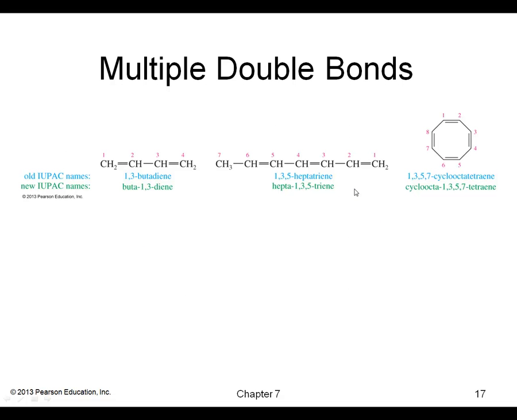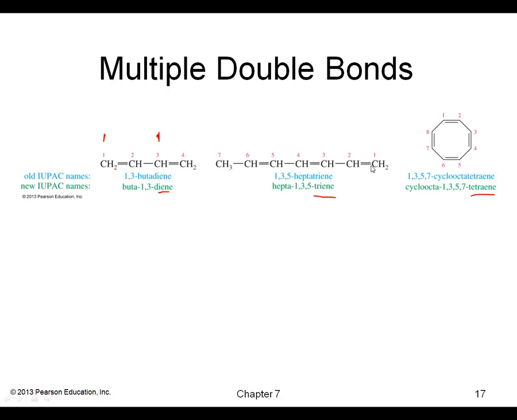What happens if I have more than 1 double bond in the ring? Well, now my ending changes to diene or triene, or for 4 of them, tetraene. And now I must number where these double bonds begin. So here they begin on carbon 1 and carbon 3. So I have 1,3-butadiene.